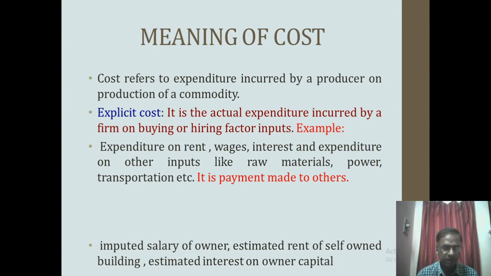So in this way, the producer is not paying rent to anyone, because the production unit is part of his house. He is not paying wages to anyone, because he himself is a laborer, manager, everything. And he is not paying interest to anyone.